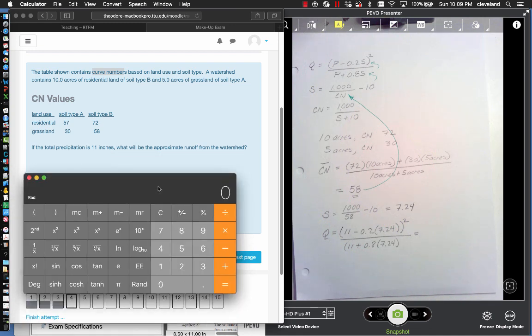All right. Okay, first we'll do the numerator and then the denominator.